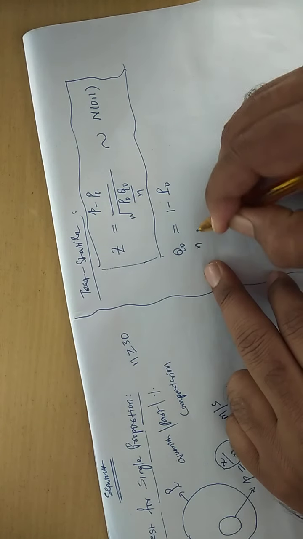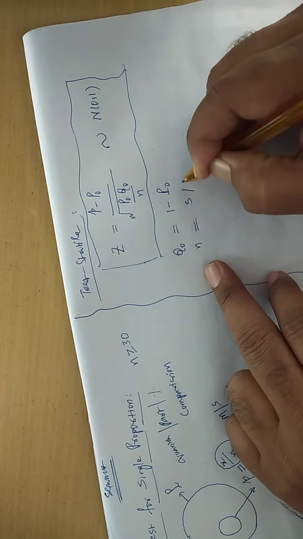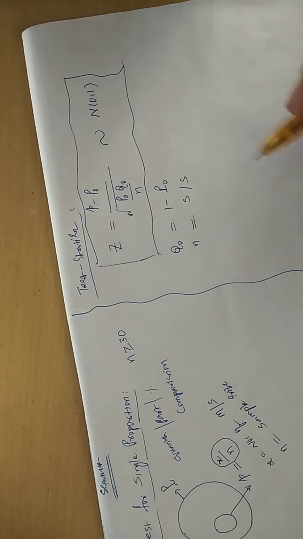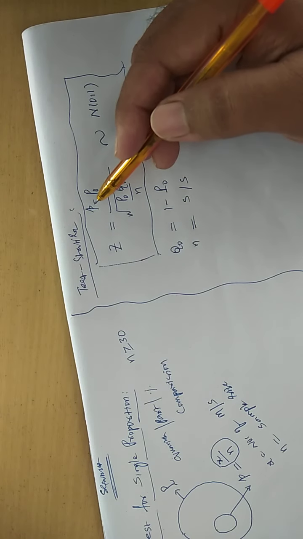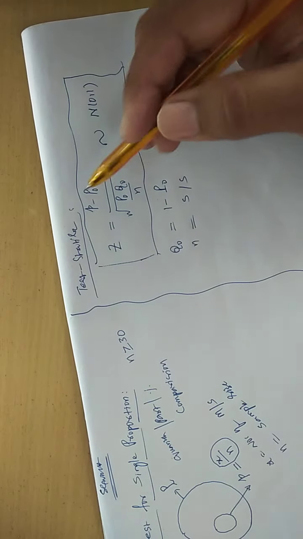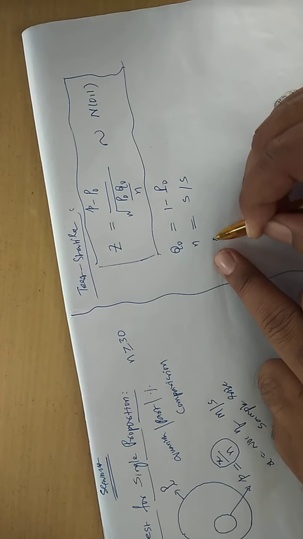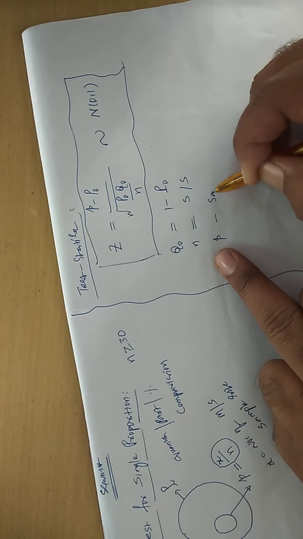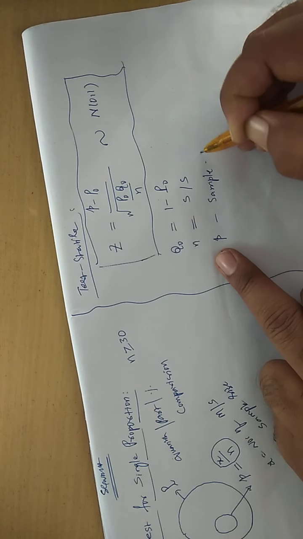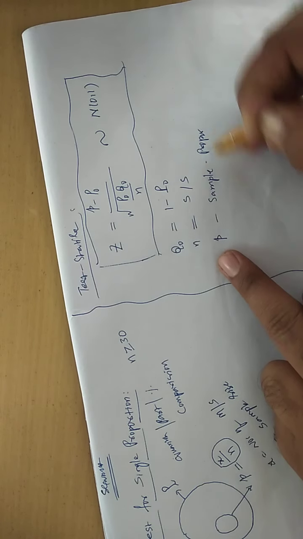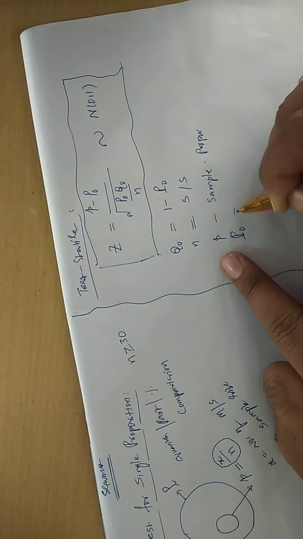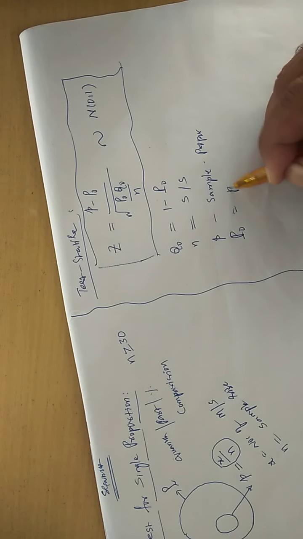Now what is n? n is nothing but the sample size. What is small p? This value will be given in the problem. Small p is nothing but the sample proportion. Same way, capital P naught is nothing but the population proportion.